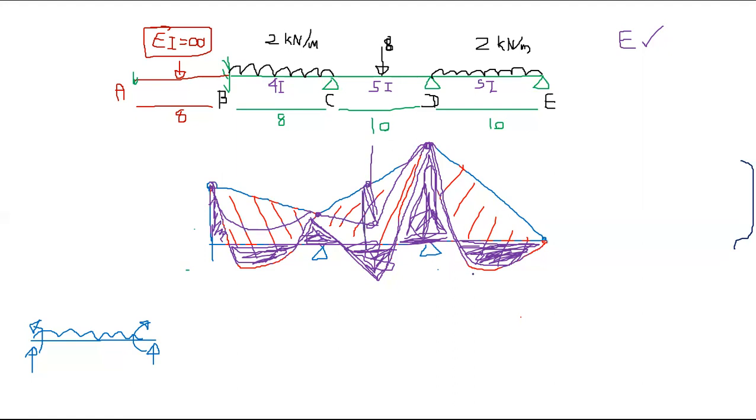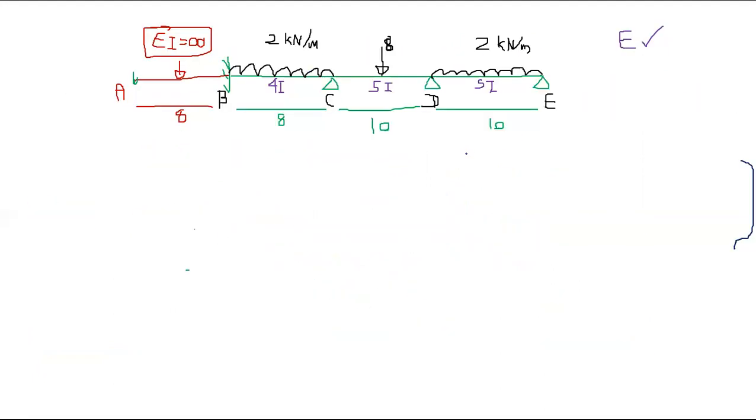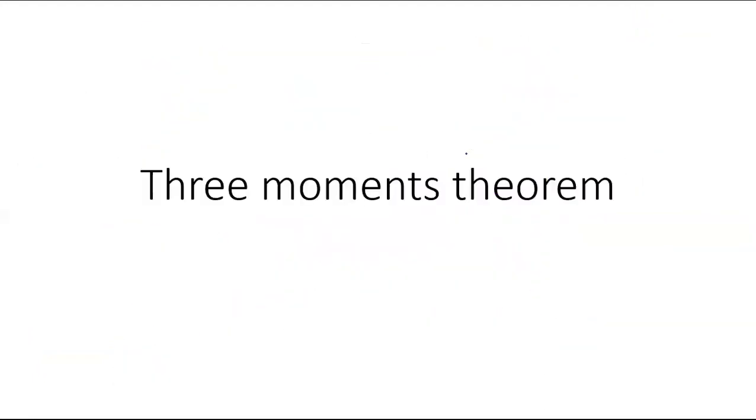Okay. So I have clearly explained this in those videos, please watch them. So that's how you use the three moments equation to find any bending moment of a continuous beam like this, right?